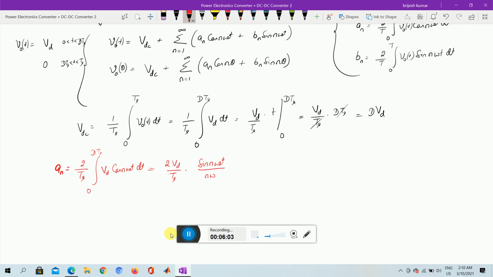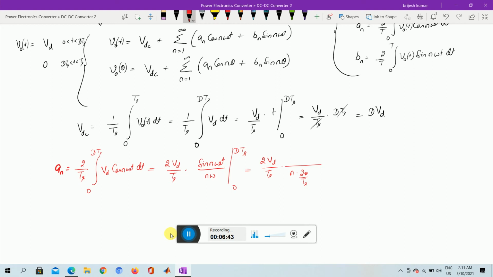The limits are from 0 to D TS. So this can be written as 2 Vd by TS into, with n omega multiplied at the bottom, and we can substitute the value of omega as n into 2 pi by TS, or 2 pi Fs.